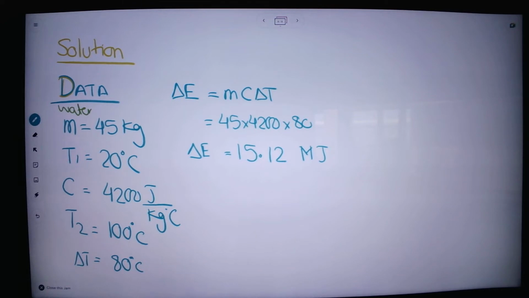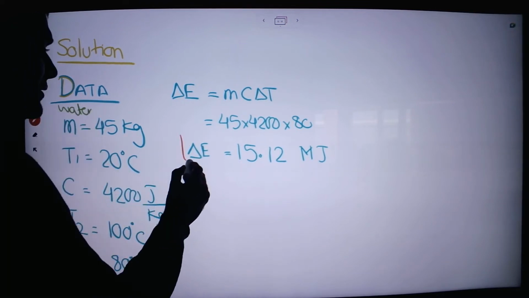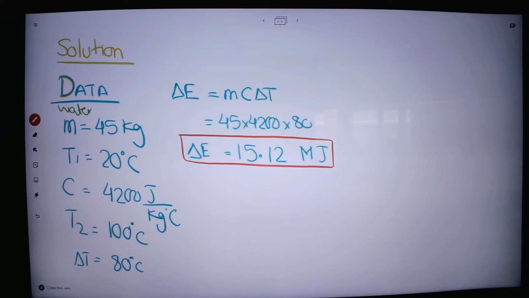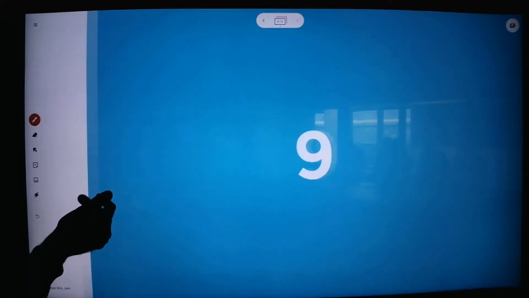You can press the ENG button, it converts into megajoules. So this is going to be your first answer. We are still in water. Now the next thing we need to do is convert this water into steam. So the second stage is convert the water into steam.